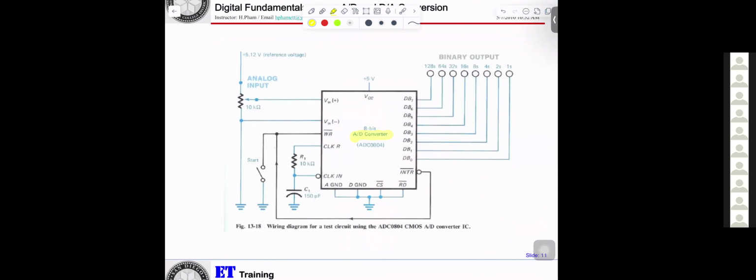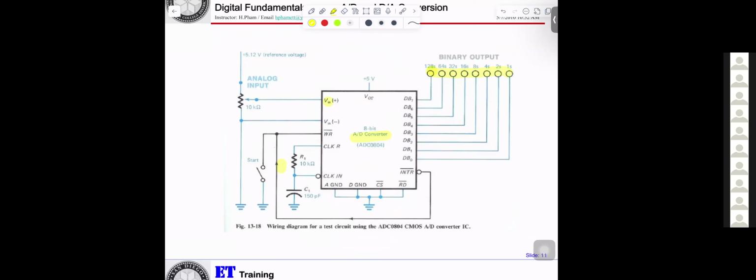AD converter. That means if you're doing it by hand, you can connect this input to a variable resistor and connect exactly like they're doing here. You close the switch, you can get a binary coming out.